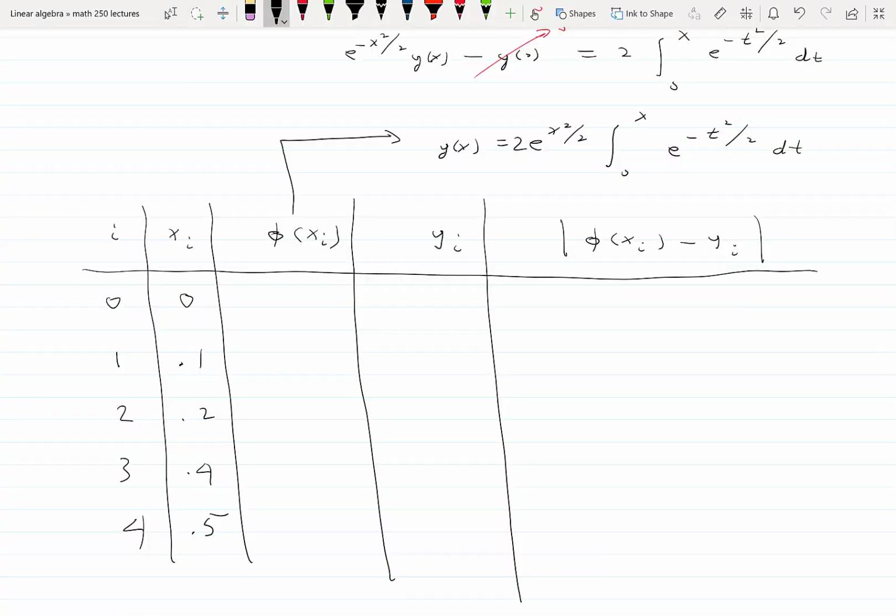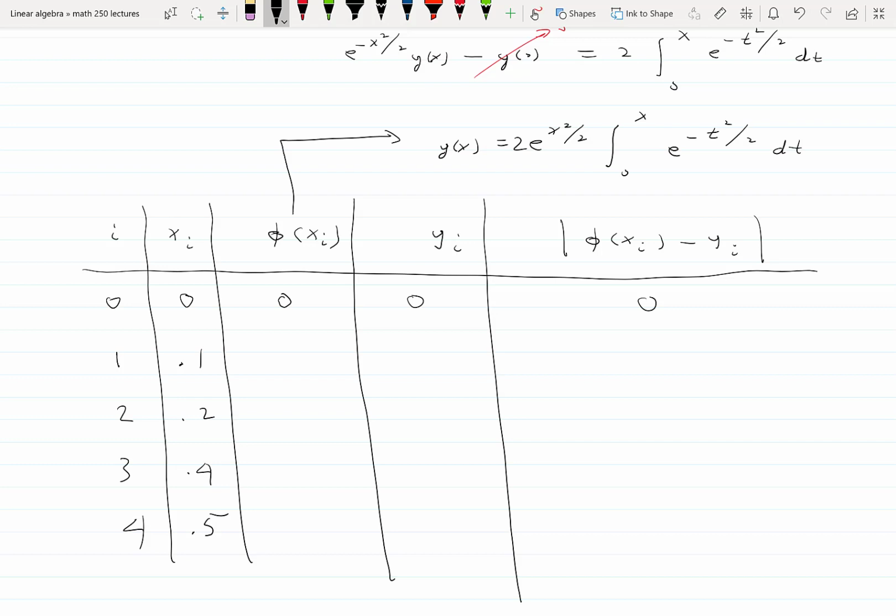Okay, and let's see. The actual solution is y naught, and we knew that. y sub i is 0. There's no error. It's just the initial point we're given.